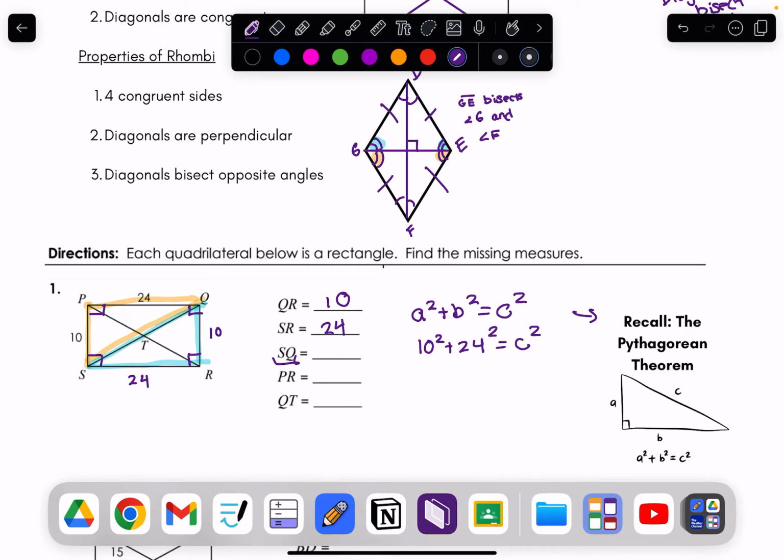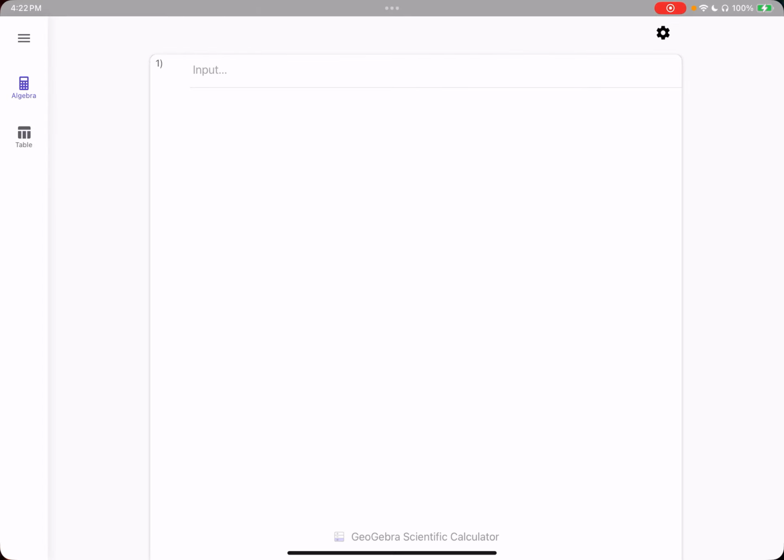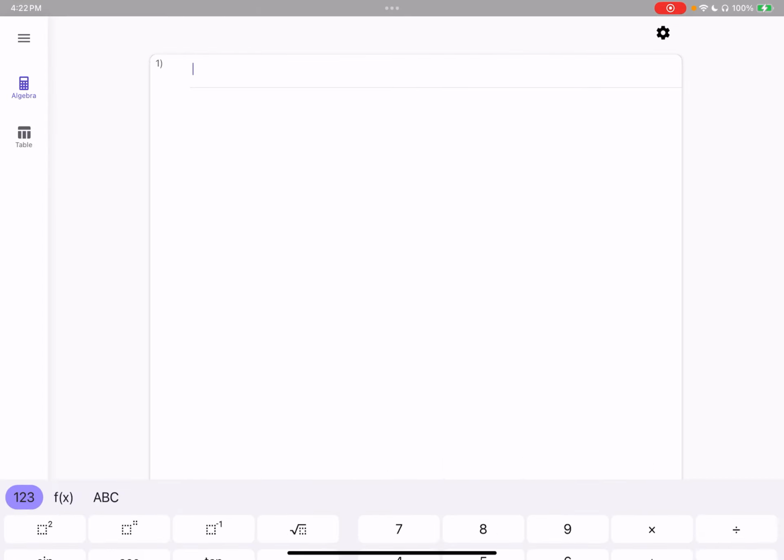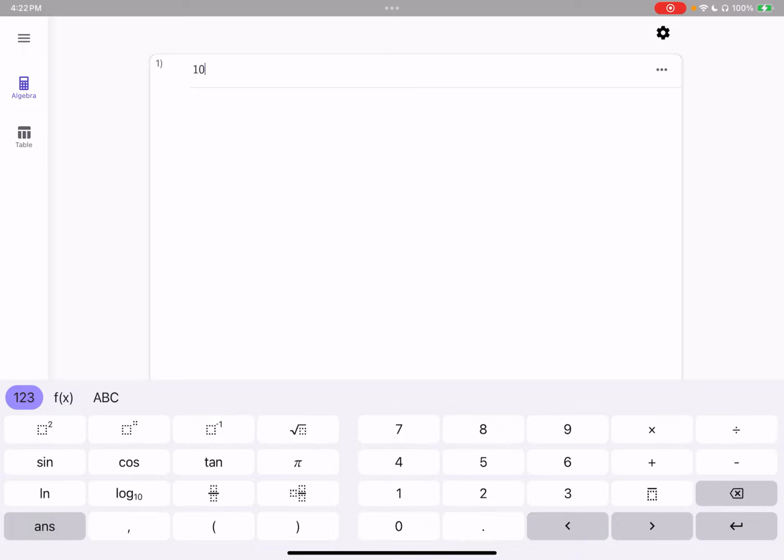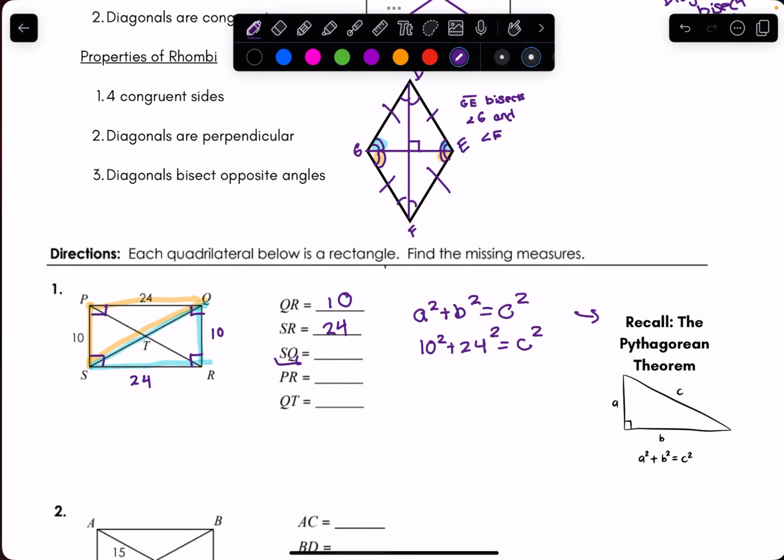In your calculator, you would do 10 squared plus 24 squared, and in this case we get 676. Now you're going to do the square root of 676, and we get 26.